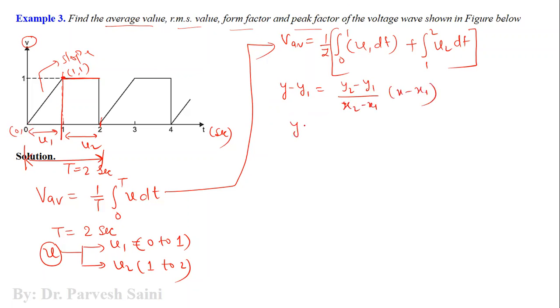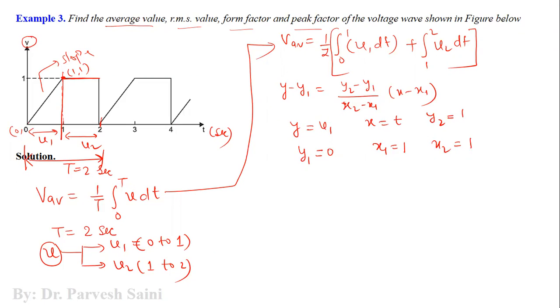In this case, y is equal to v1 and y1 is equal to 0, x is equal to t, and x1 is equal to 1 here, and y2 is again 1 and x2 is equal to 1 here. So x2 is also 1, y2 is also 1.